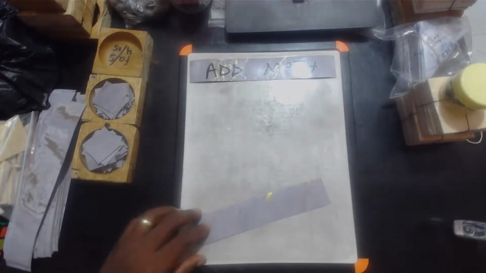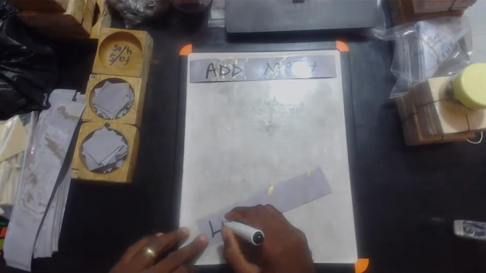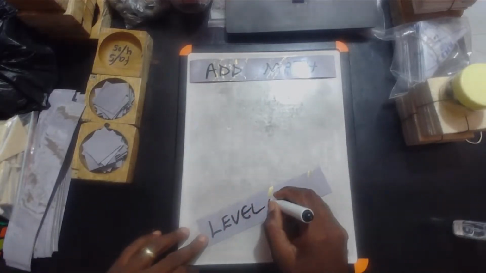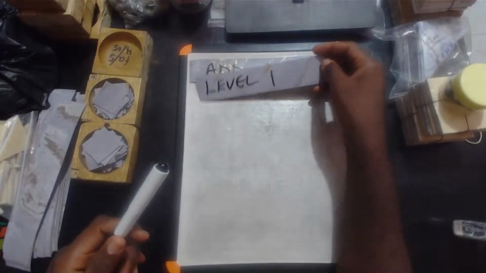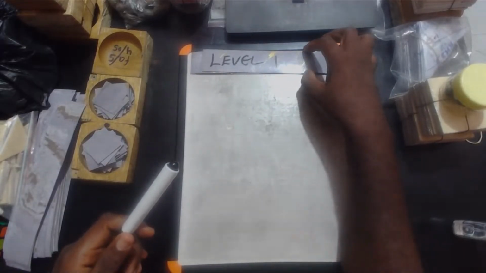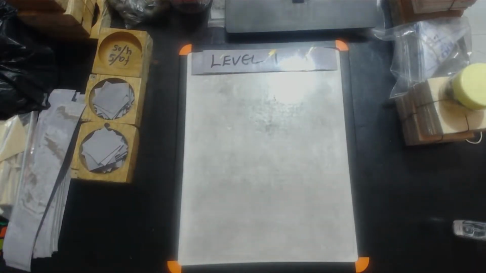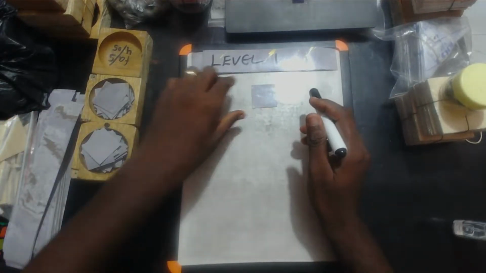So with DOK level 1, it says state whether the following statements are true or false. The statement concerns this triangle.